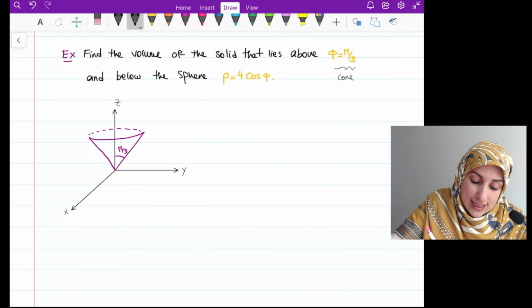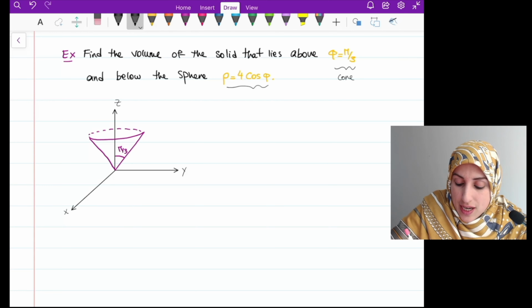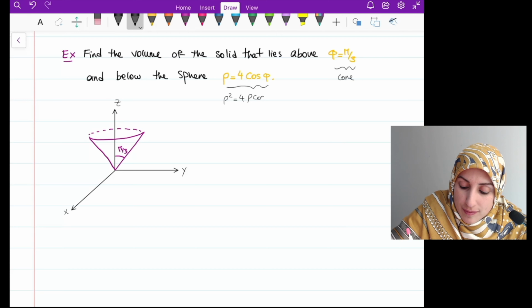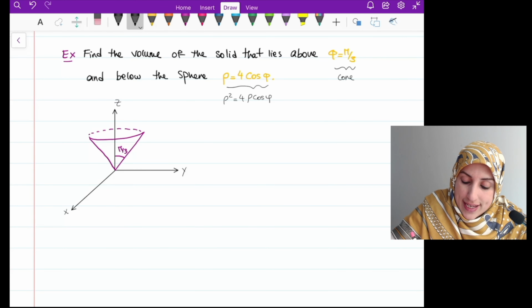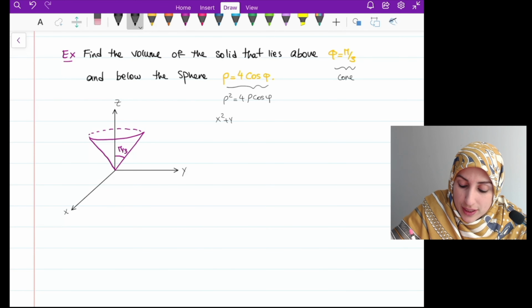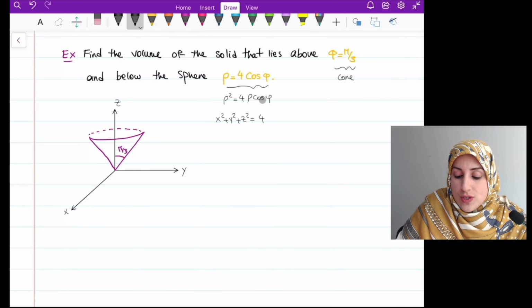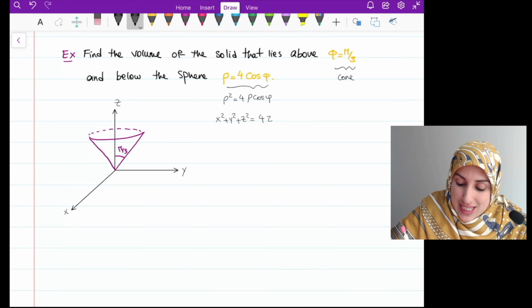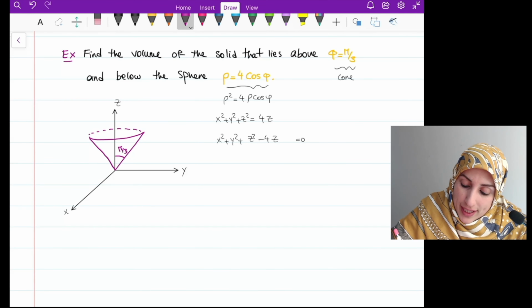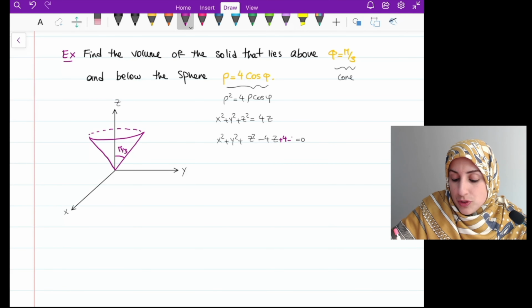And now what is this shape in here? Let me see. I'm gonna multiply it by rho, so I get rho squared, which is x squared plus y squared plus z squared, equals 4 rho cosine phi, which is basically z. Okay, now I'm gonna bring negative 4z to the other side, and then I want to make it a perfect square, so I'm gonna add 4, subtract 4.